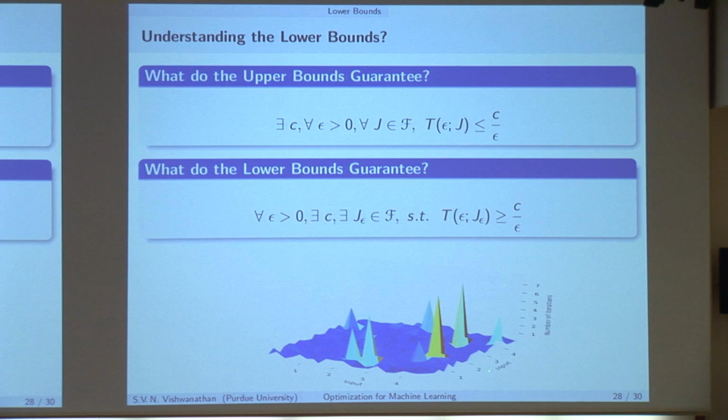It might be that for most of the functions the optimizer takes a very small amount of time, but there might be some really bad functions for which it takes a lot of time. We do not know this. So maybe we need to do a more refined analysis, maybe something like smoothed analysis.